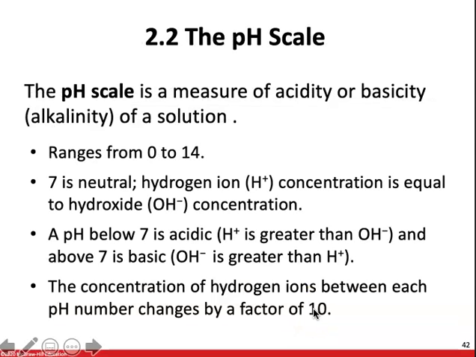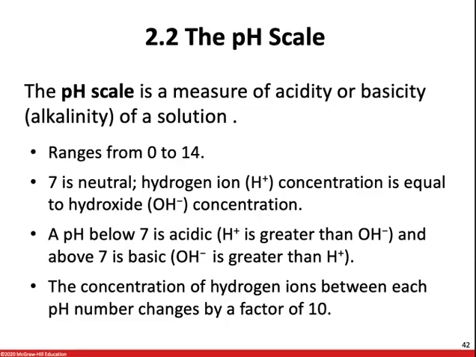The pH scale is used to indicate the acidity or the alkalinity of a solution. Alkalinity is the official scientific term for basicity, how basic a solution is. The pH scale measures the concentration of hydrogen ions in a solution, and it ranges from 0 to 14, with 7 representing true neutrality, where the concentration of hydroxide is equal to the concentration of hydrogen ions.